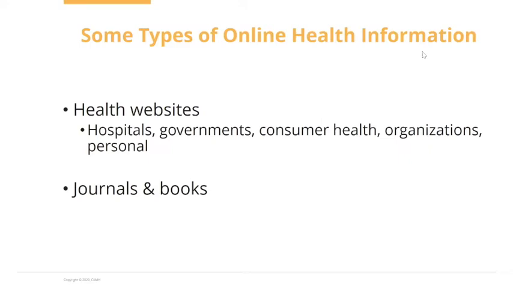Organizations will have their own health websites, such as the Canadian Centre on Substance Abuse, and people may also host their own personal health website. Journals such as the Canadian Medical Association Journal are available online, so that could be considered a health website. And there are various books available online, and these could be for clinicians such as nurses, or they could also be self-help books for the general population.